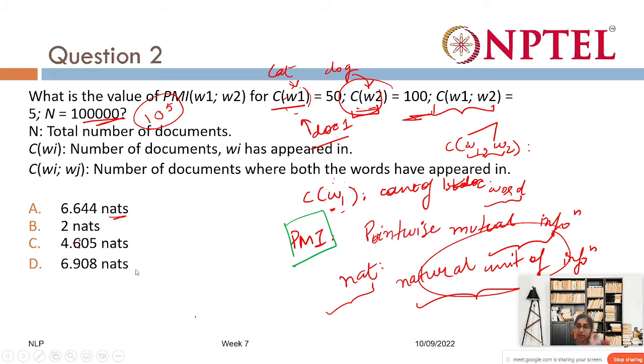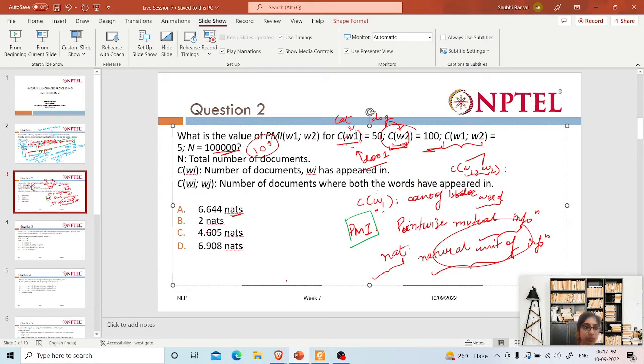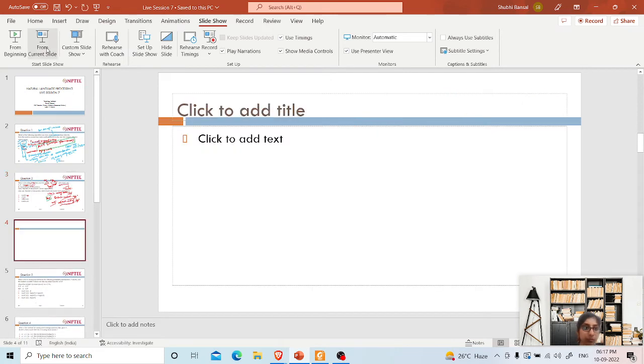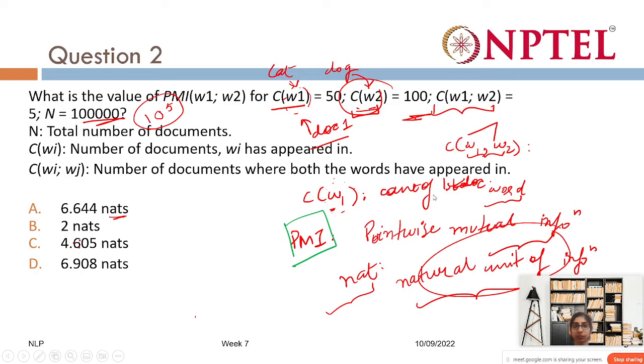Anyone able to get the answer? Please put your answer in the chat box once you have solved it.